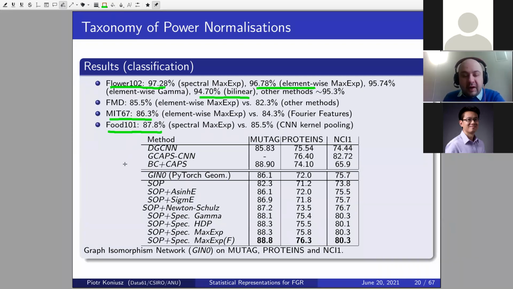And we also tried those ideas on graph classification. So we took Graph Isomorphism Network, and then we applied different operators. And again, this fast max-exp operator appears to work better than element-wise operators over here, and also better than just using Newton-Schulz, for instance.